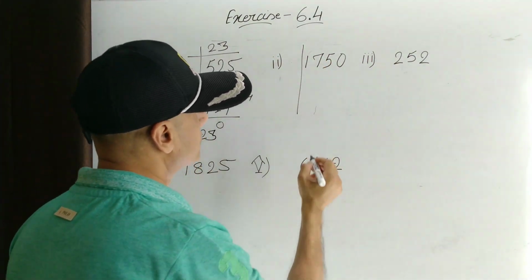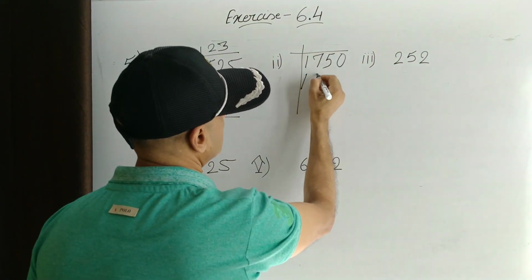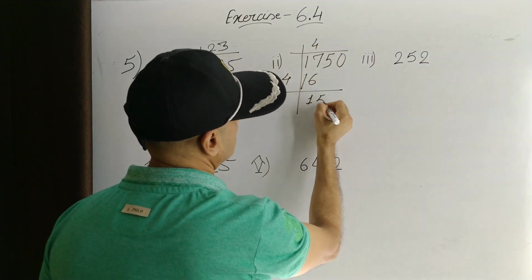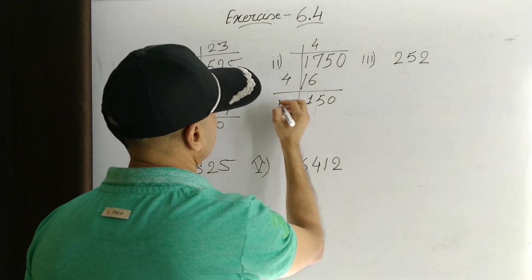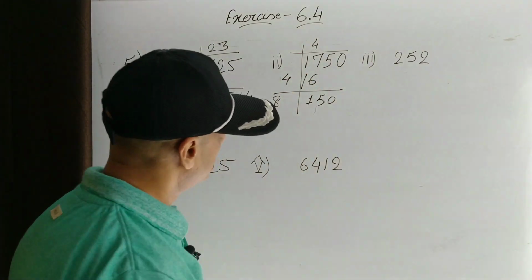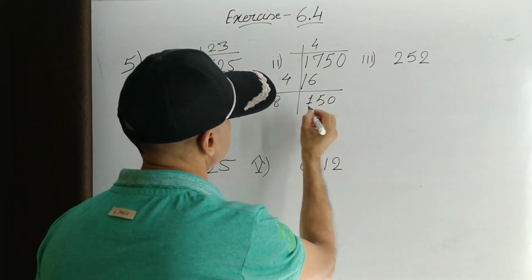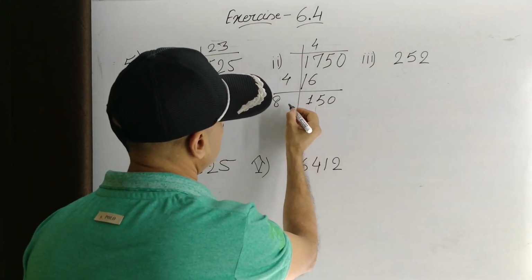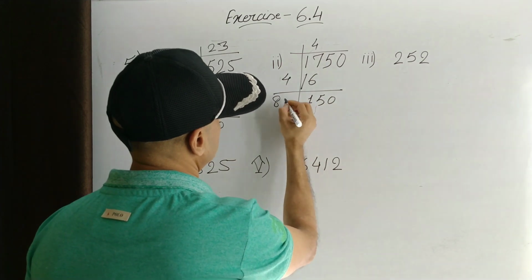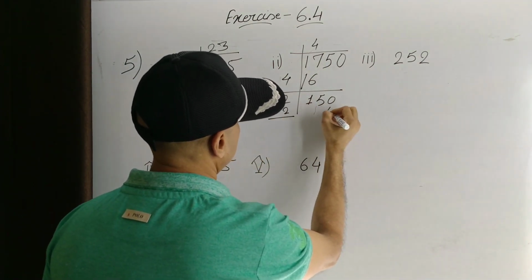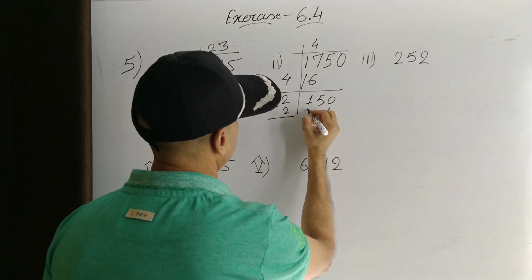So let's move on to this. We'll take 16 here, we'll have 4, 1 balance, and we'll get this 150, and we'll have 4 into 2, 8. So in that case, if we take 3, it will be 2, 4. So we'll take 2 here. So 2 we'll get here, 4 and 16.